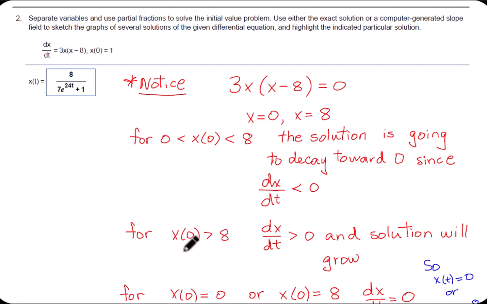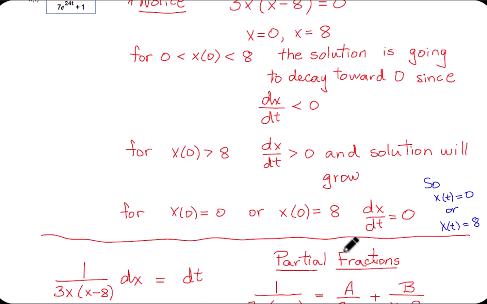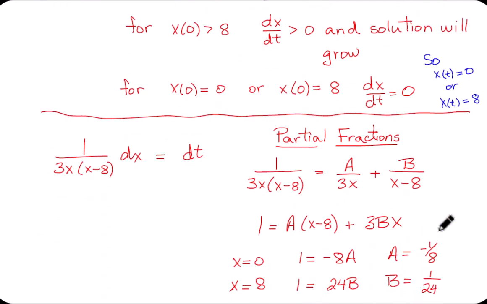What happens if we started off at our initial condition bigger than 8? Well, bigger than 8 means that this item on the right would be positive and the solution will continue to grow. If we started off at 0 or 8, the derivative would be 0 and our function would remain constant for all time.